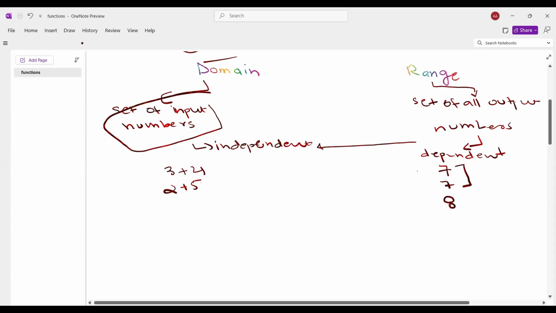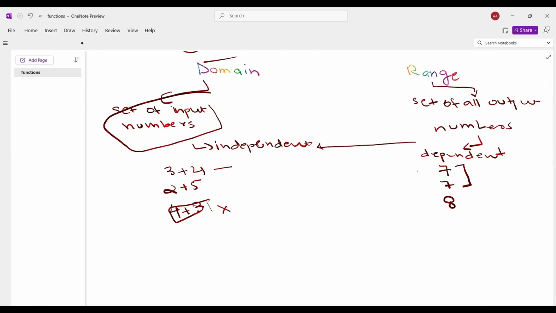So 8 can never have 4 plus 3 as the input, the same input as 7. It will always have a different set of inputs, which will result in the number 8. So different inputs may have identical outputs, but an input cannot repeat on different outputs.